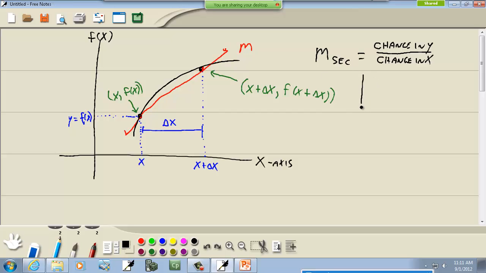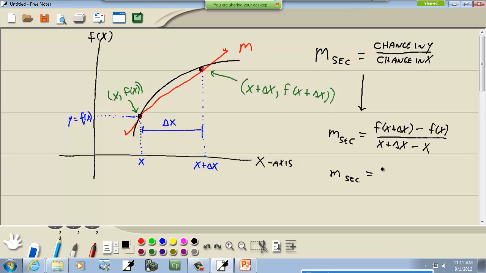So our slope of the secant line: change in y, so I'm going to take this y value, f of x plus delta x, minus this y value, which is f of x, over the change in x. So I have this x value, x plus delta x, minus this x value, which is x.